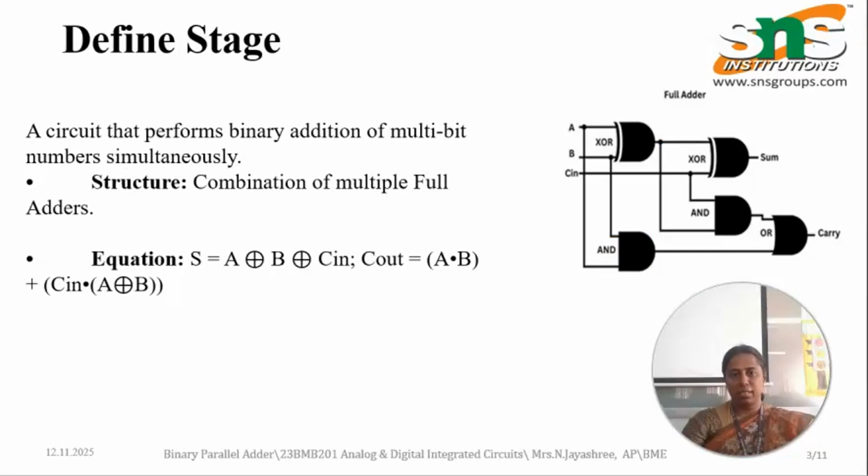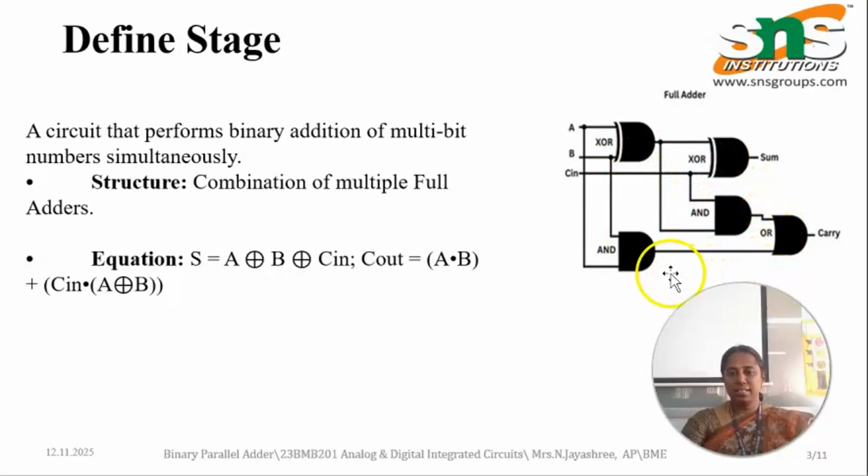Next, the define stage. It is a circuit that performs binary addition of multi-bit numbers simultaneously. This is the structure of multiple full adder circuits. Here this forms one half adder and this forms another half adder, both together forming this full adder, and these are connected in parallel to form this binary parallel adder.